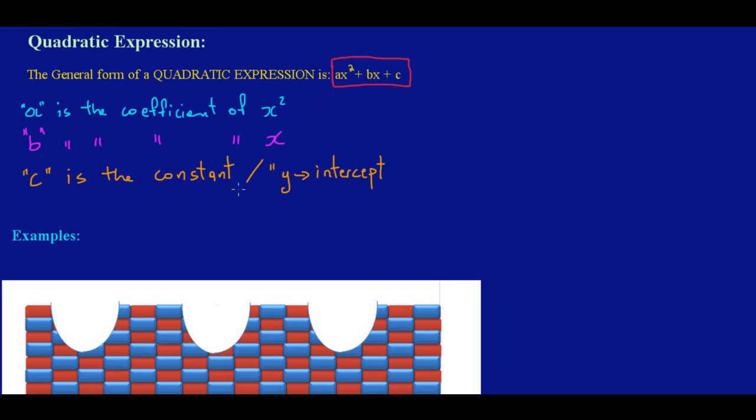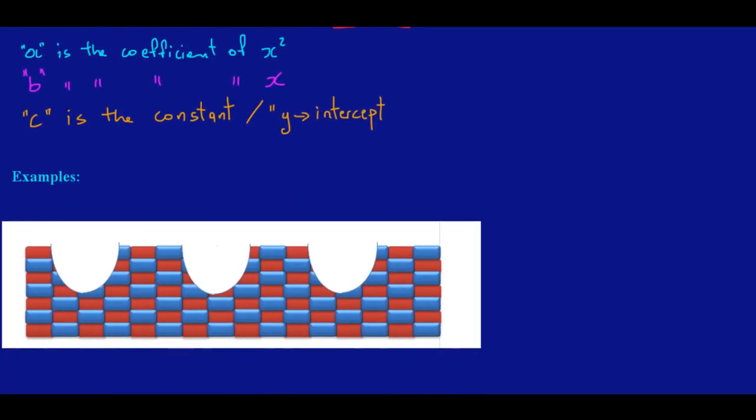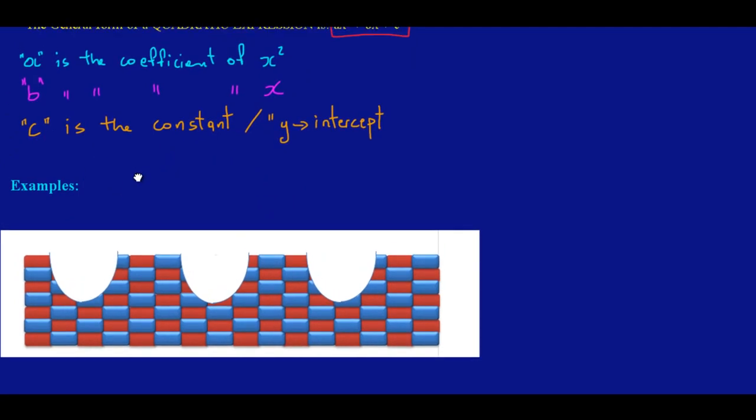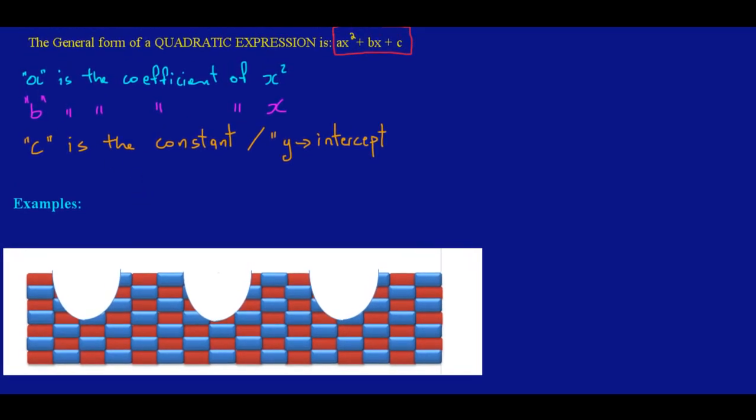Okay, now if you notice here, I have an example. So let's scroll down a little bit and let me bring up this example. So in example number 1, if you notice carefully, I have a wall here, and in my wall I have 3 arcs.